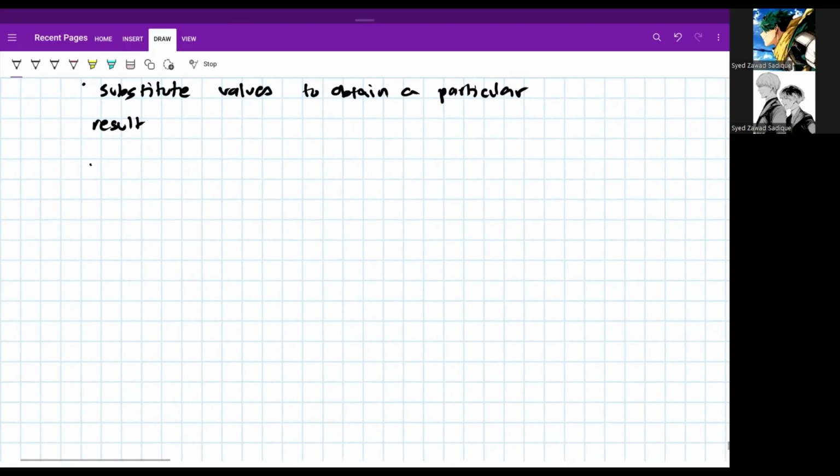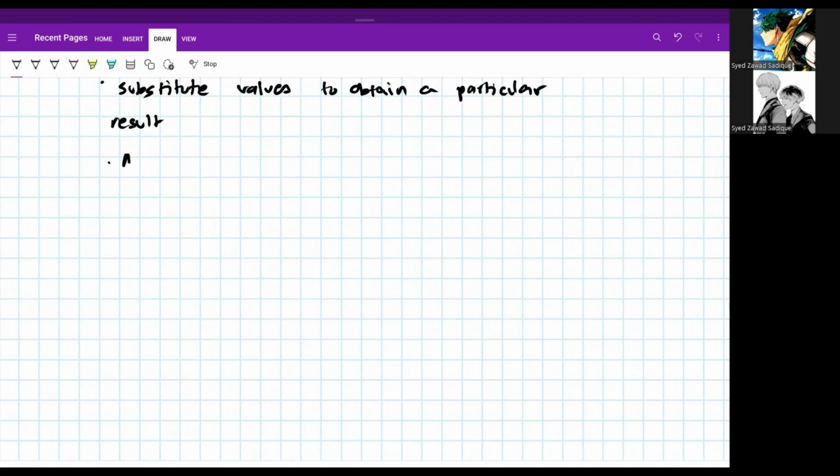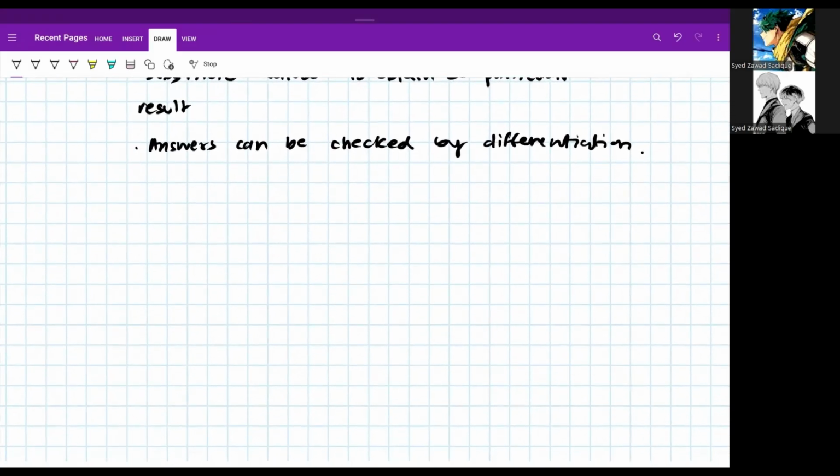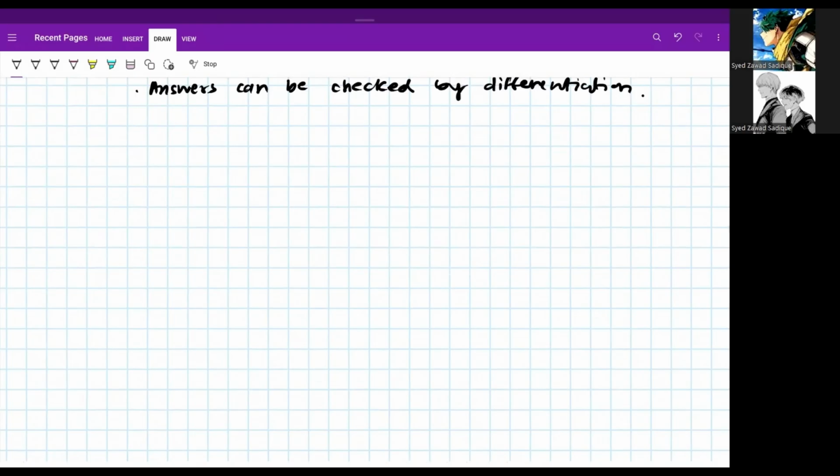And finally, answers can be checked by differentiation. Usually the math is so complicated in differential equations that it becomes very hard to check with differentiation, so most people usually just don't bother doing it. Anyways, I'll give you guys an example.